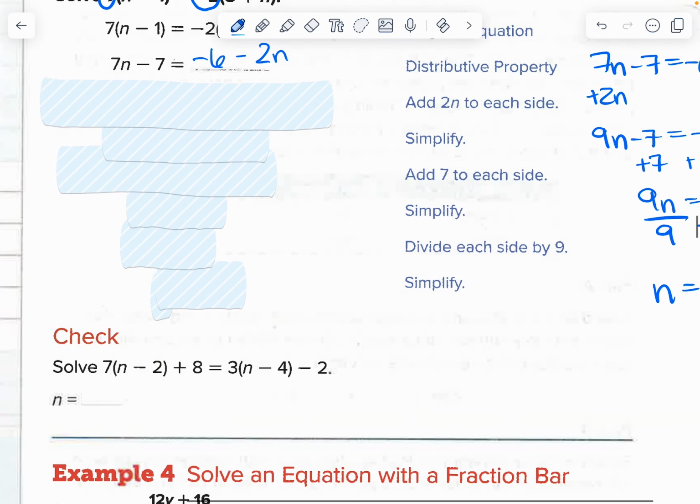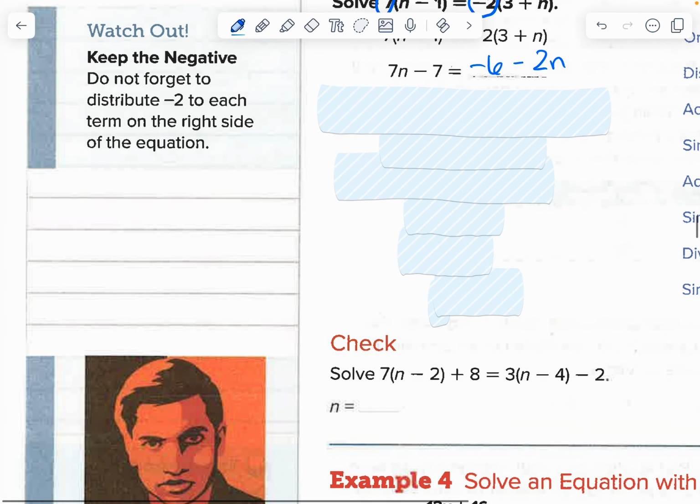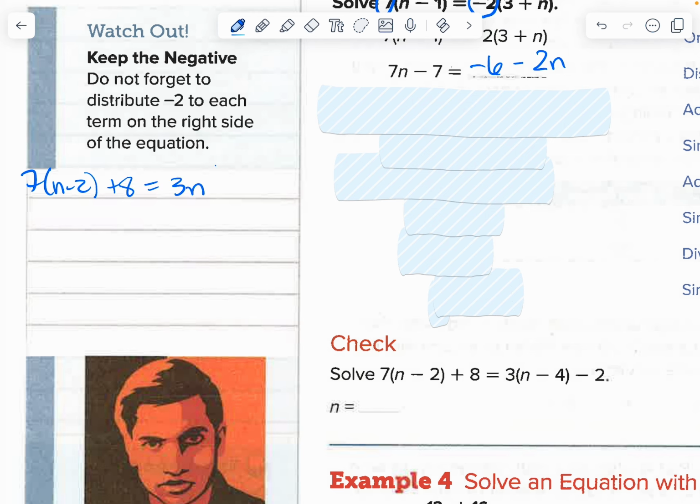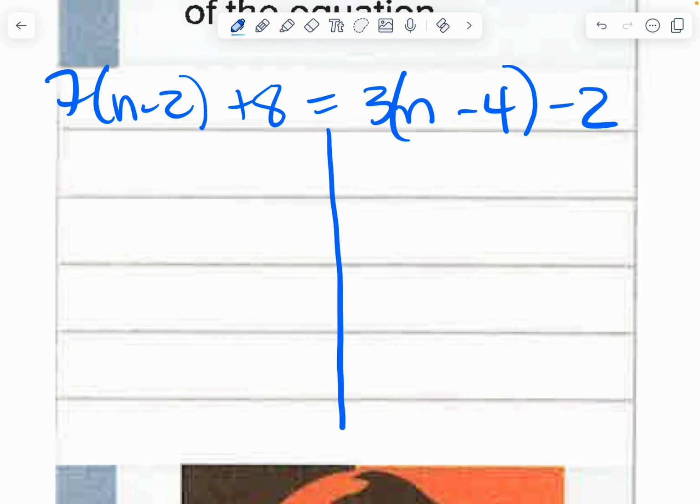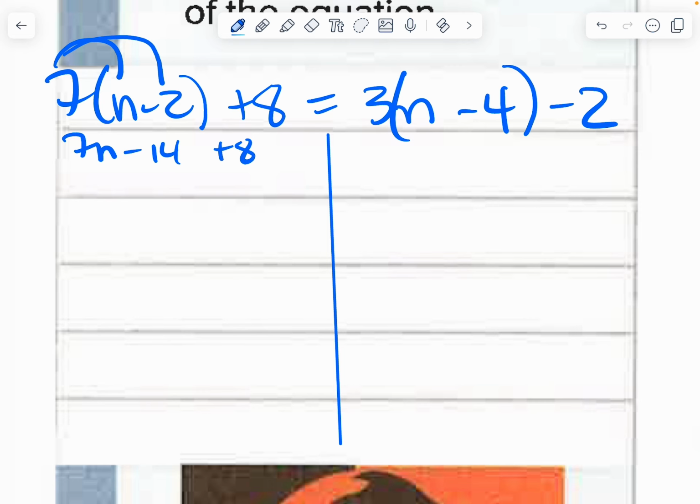Okay? So we're going to do the same thing with this problem right here. So I have 7 times n minus 2 plus 8 equals 3 times n minus 4 minus 2. So when I do this problem, okay, I have to do the distributive property first. So I'm going to multiply here and here. So 7n minus 14 equals, I'm going to multiply here, 3n minus 12 minus 2.